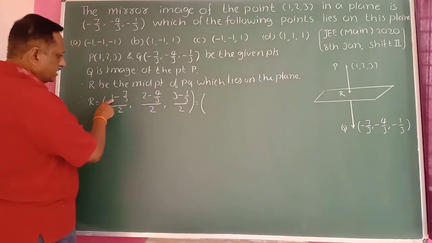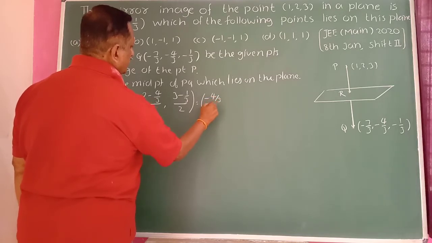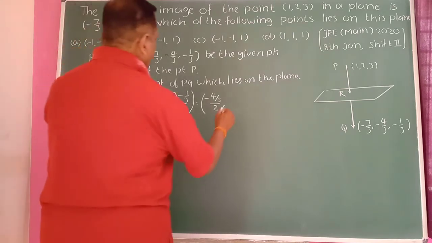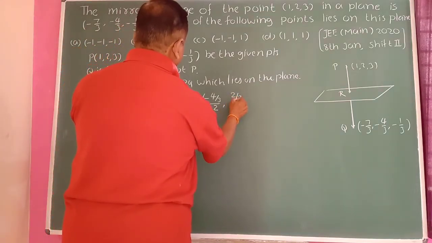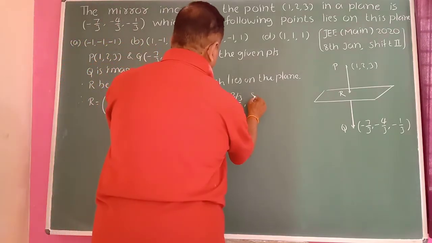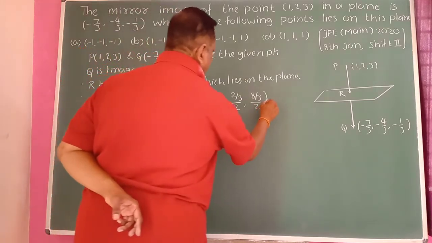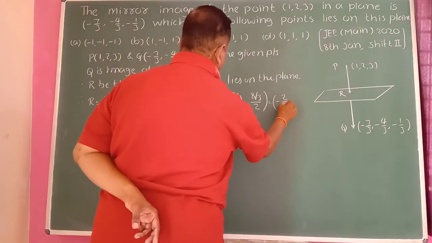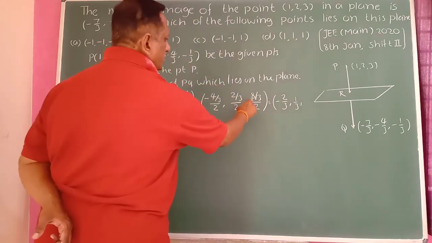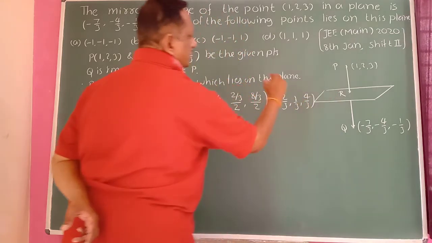So 3 ones are 3, 3 minus 7 is minus 4, minus 4/3 divided by 2. 3 twos are 6, 6 minus 4 is 2, 2/3 divided by 2. 3 threes are 9, 9 minus 8 is 1, 1/3 divided by 2. The 2s cancel, so minus 2/3, 1/3, 4/3. So the coordinate of this point R is this.